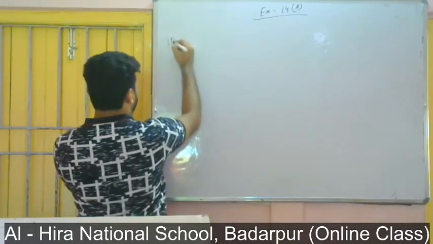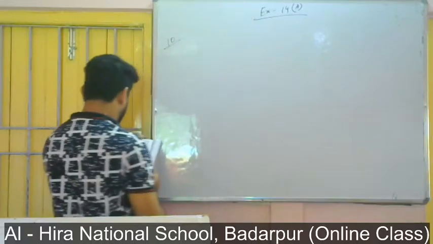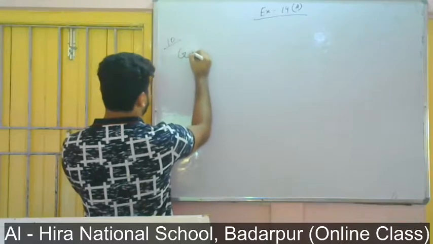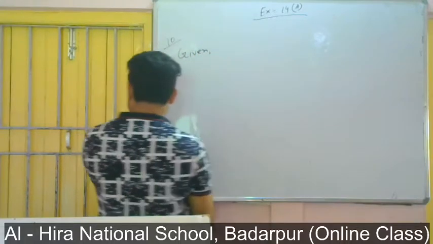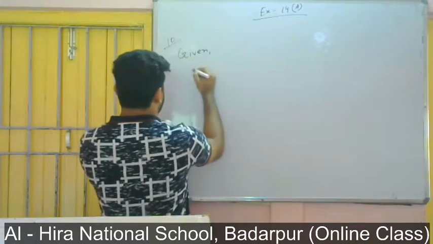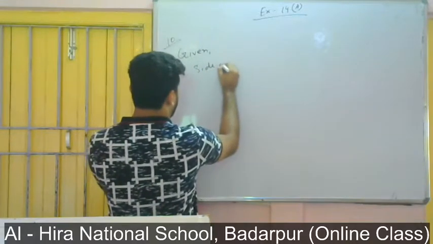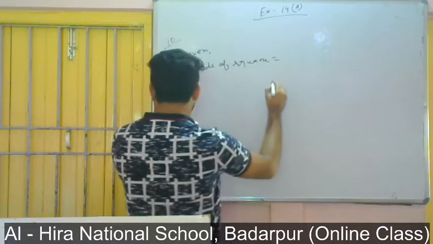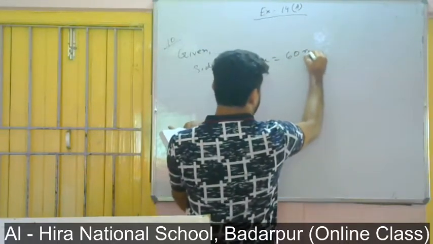So question number 10, the last question. You see, write given: side of square equals to 60 meter.